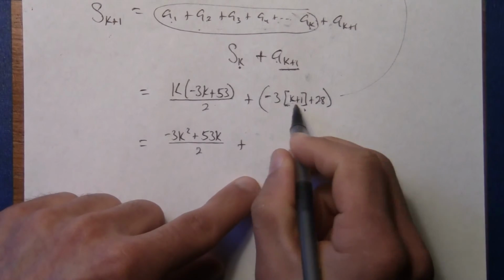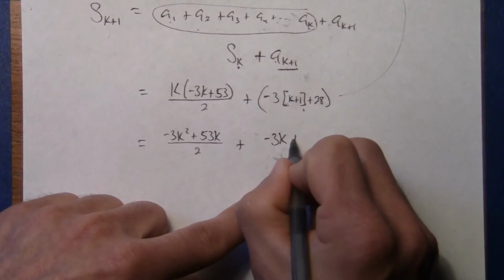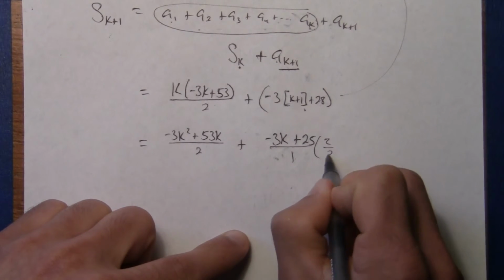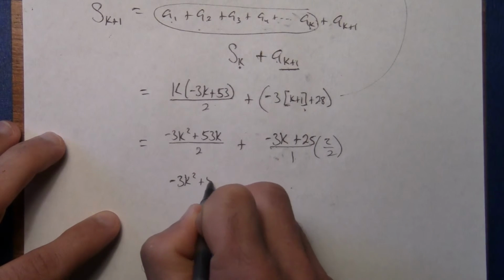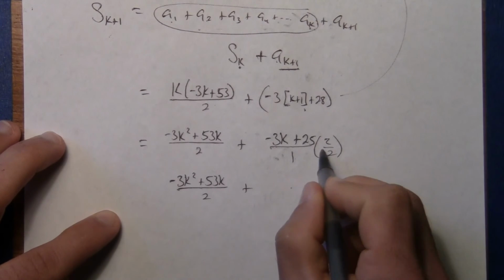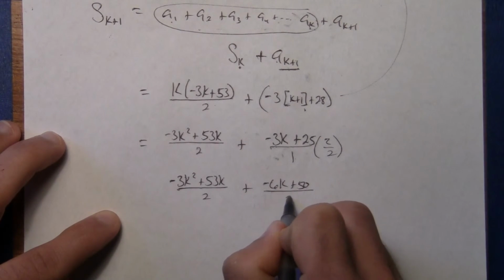If I simplify here, I'm going to end up with negative 3k, negative 3 plus 28, so plus 25. Now I need a common denominator, so I'm going to multiply by 2 over 2. And that's going to give me negative 3k squared plus 53k over 2 plus, it's going to give me negative 6k plus 50 if I distribute the 2.